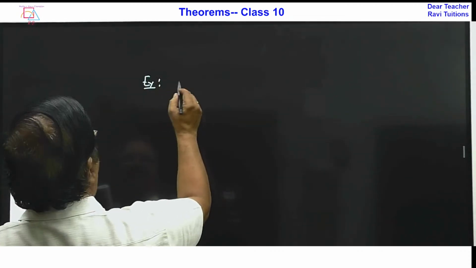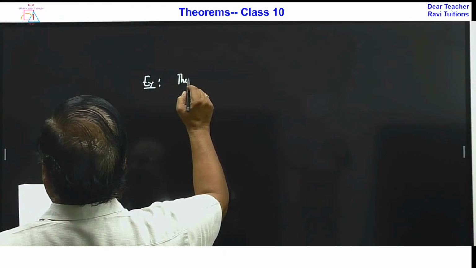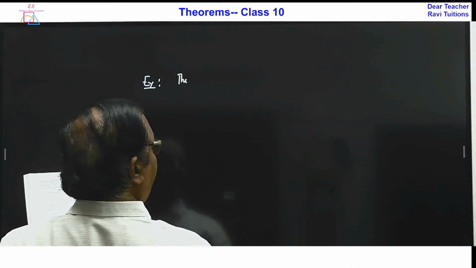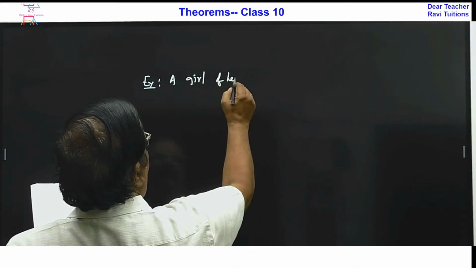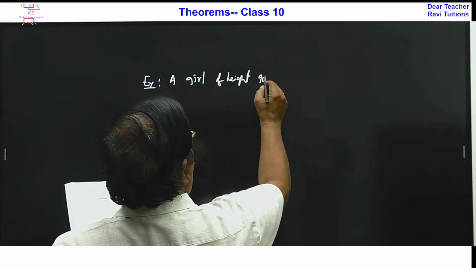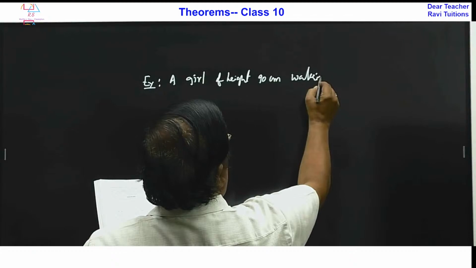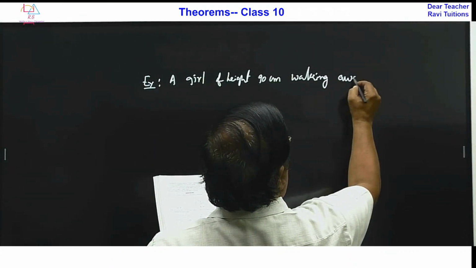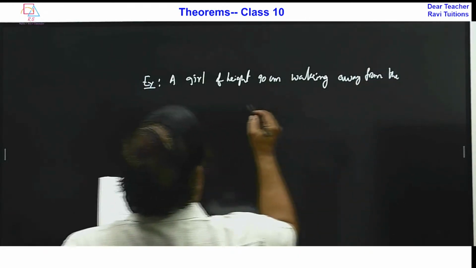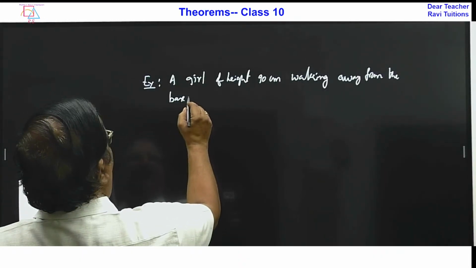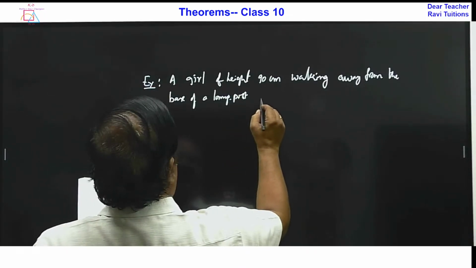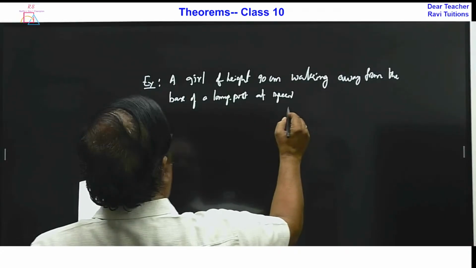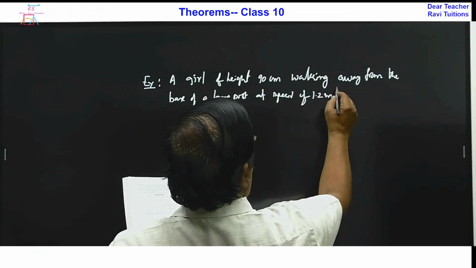This is an examination question. A girl of height 90 centimeters walking away from the base of a lamp post at a speed of 1.2 meters per second.